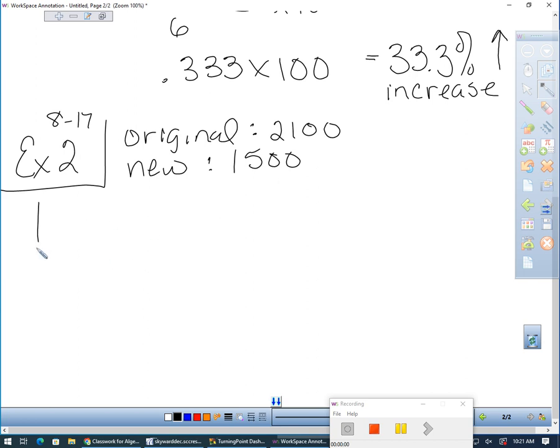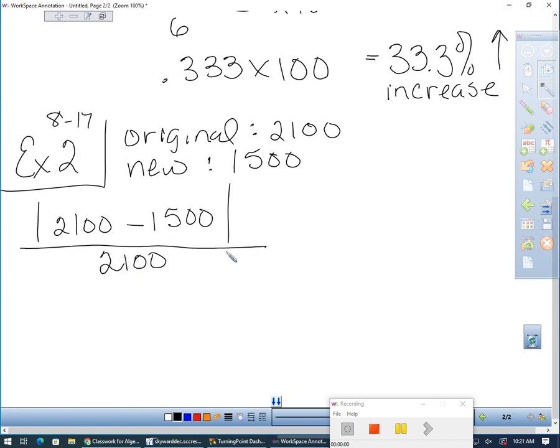We have the absolute value of the original, 2,100, minus the new, 1,500, divided by the original, then we times by 100.